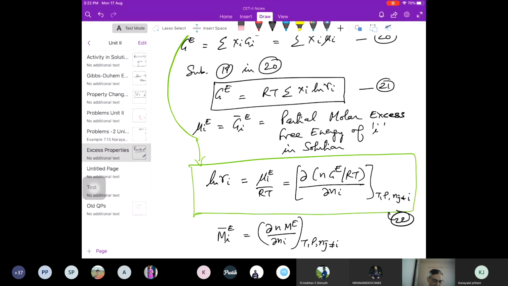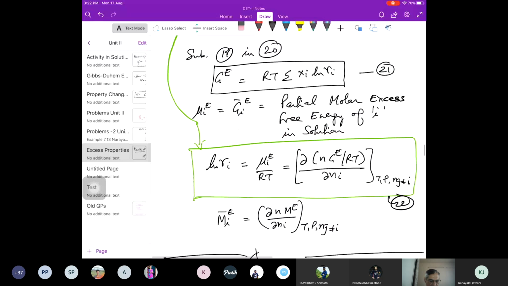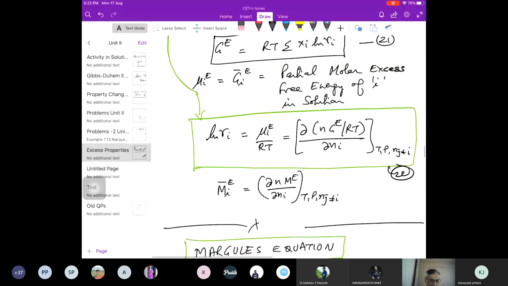And this is by definition M i bar E is equal to del of N M E by del N i at constant temperature, pressure, Nj not equal to i. So this is what we are going to use now for our derivations, the relation between mu I E and ln gamma. Any questions on equation 22?